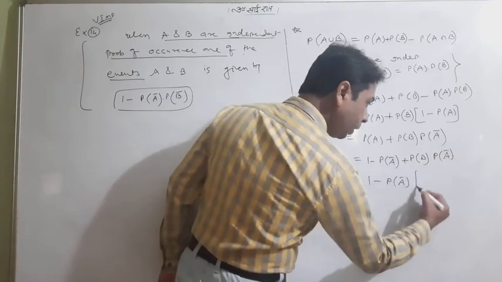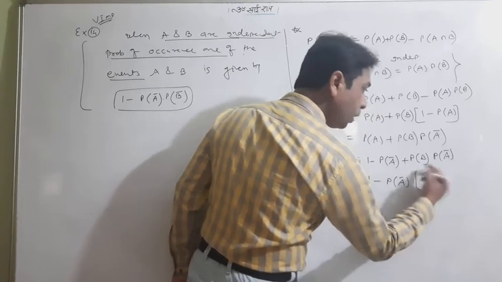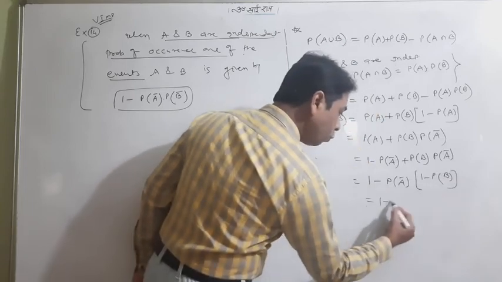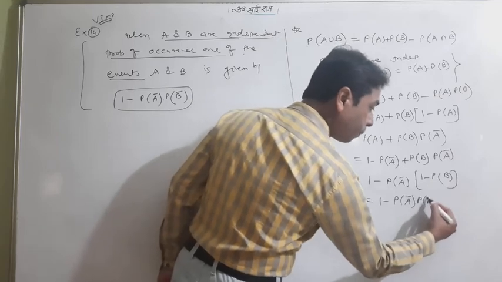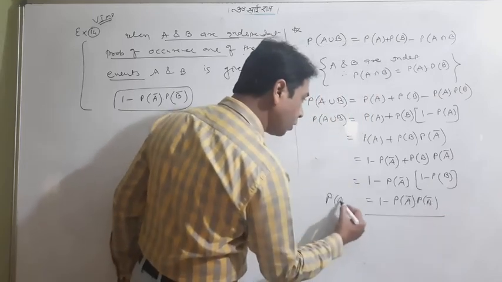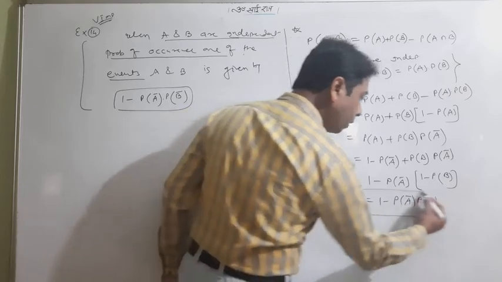What will remain here? 1 minus P of B, and you know 1 minus P of B is P of not B. That formula you have got, a very, very important formula.